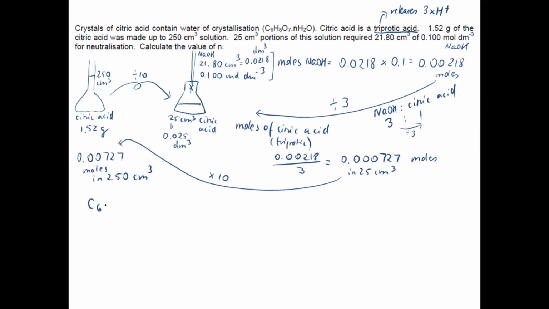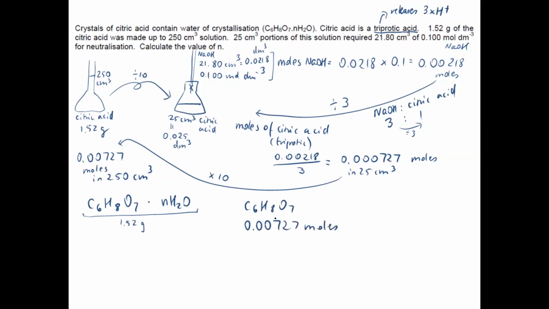My citric acid is C6H8O7.nH2O, so I need to know the n. I know the whole thing was 1.52 gram, but it's only the C6H8O7 that actually reacts with the NaOH. So these moles, 0.00727 moles, are C6H8O7.